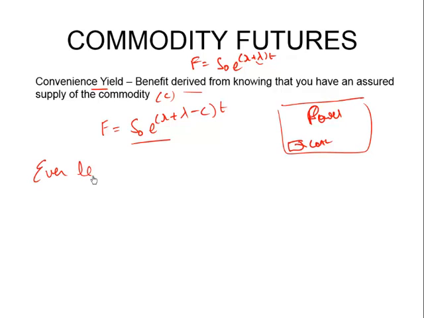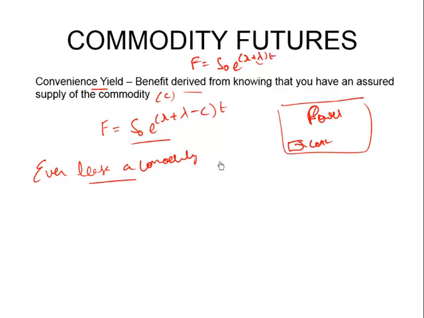We can even lease the commodity. So it belongs to us, but we have leased it out. So we have some gold or we have some cattle. We are owning it, but we have rented it out to somebody else. So can we lease a commodity out?